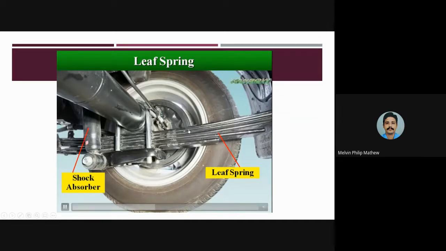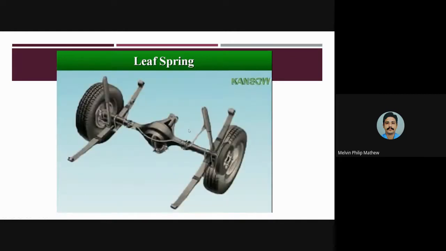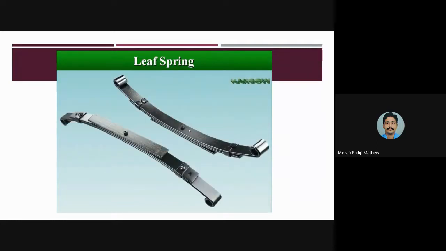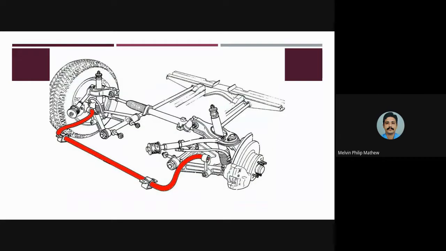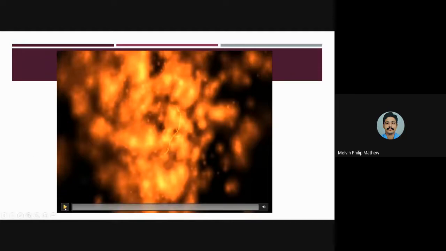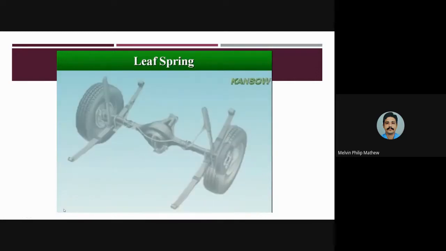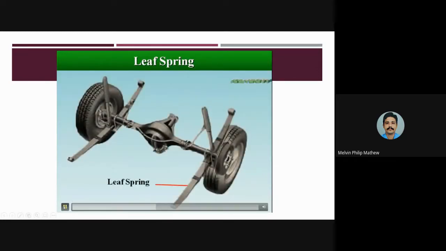It is used on rear-wheel drive vehicles because of its simplicity. They are normally mounted longitudinally. You can see it in a truck.